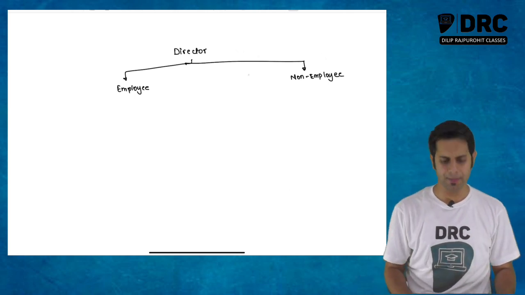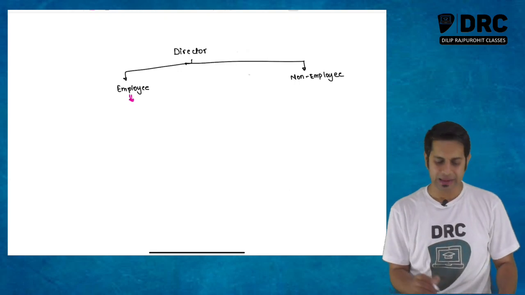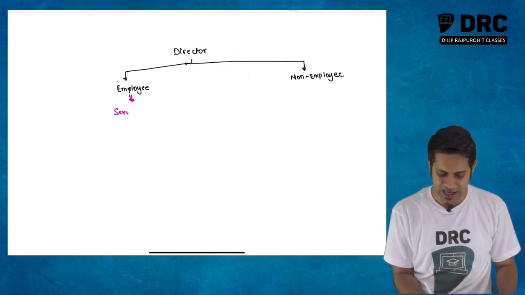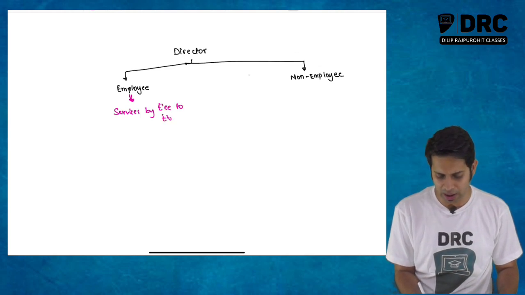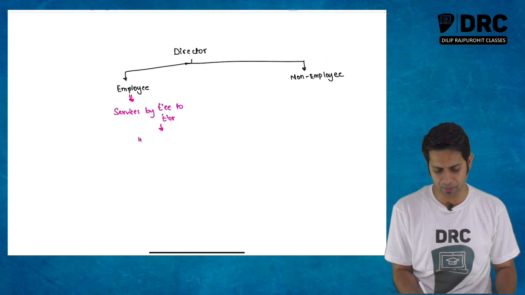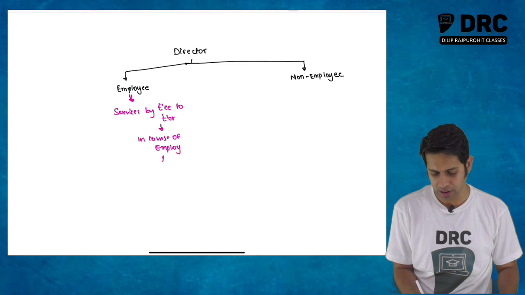Employee director, non-employee director. Now, if you are an employee director, then any services given by an employee to the employer in the course of employment is not a supply.